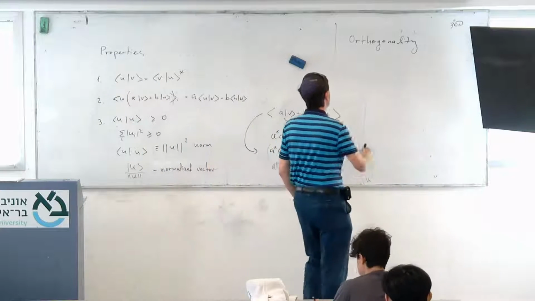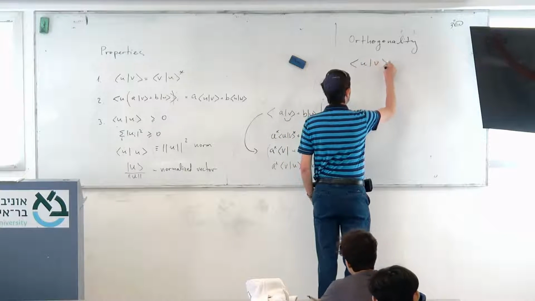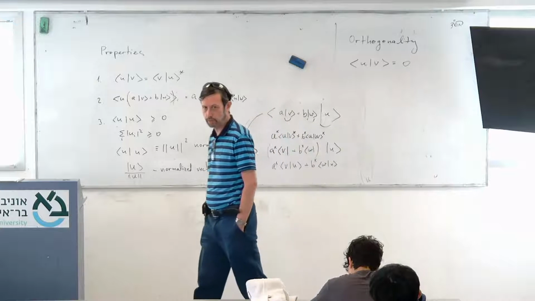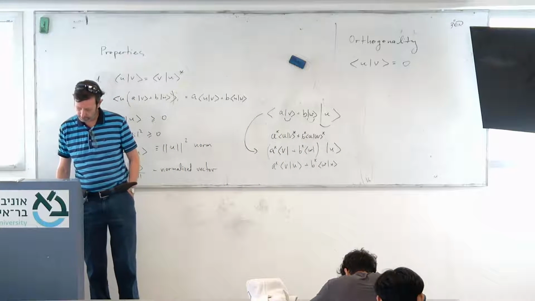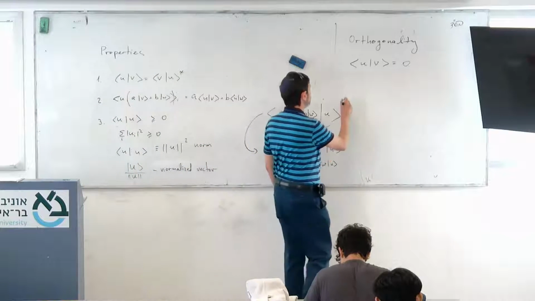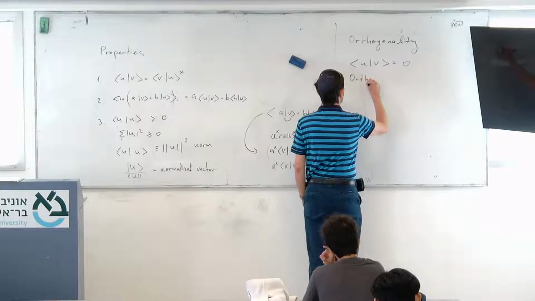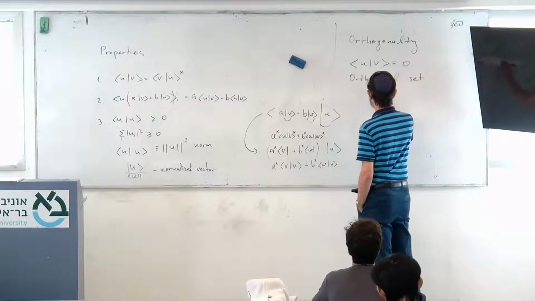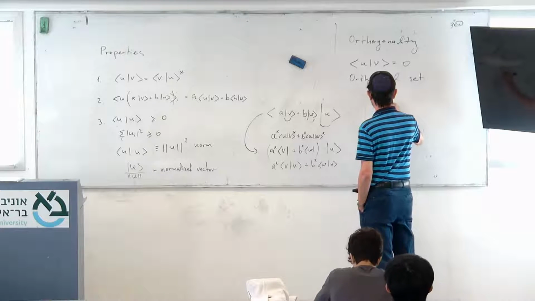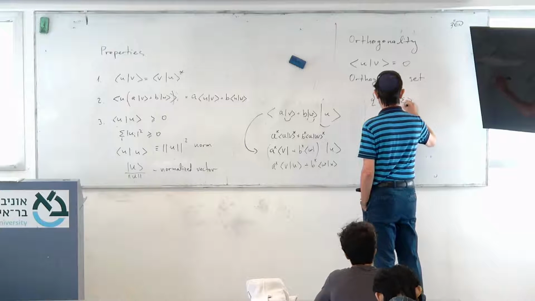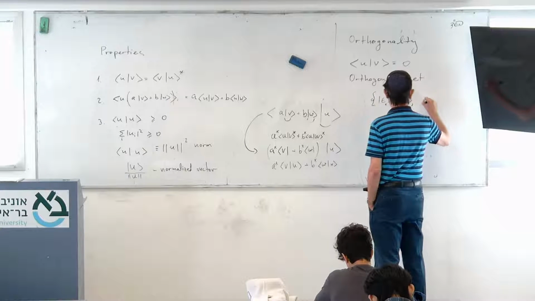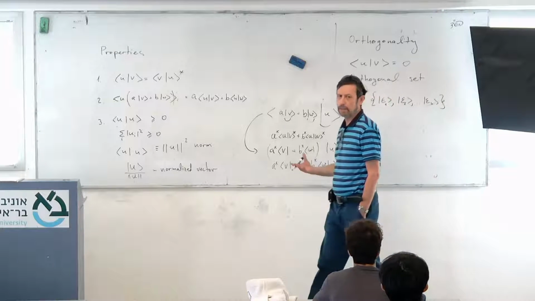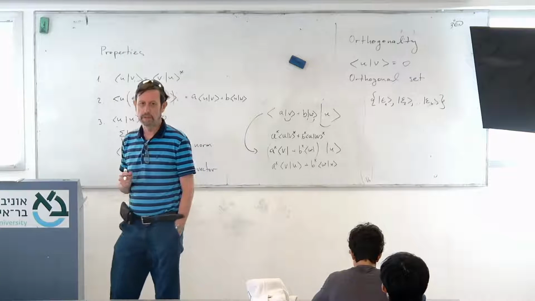Two vectors are orthogonal if their dot product, scalar product, is zero. Let's say I have a set of vectors.